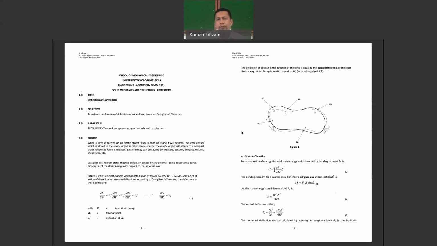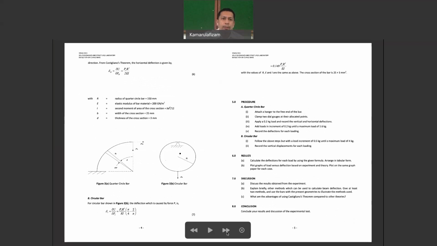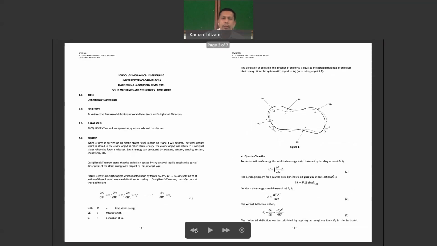Here we have 2 types of material: the quarter circle bar and a circular bar. All right, so both of them are very much governed by different kinds of theory. So you have to use the theory to calculate at the point the deflection rate given the different loading condition, in which you can see the loading condition from the data given by the lab staff.